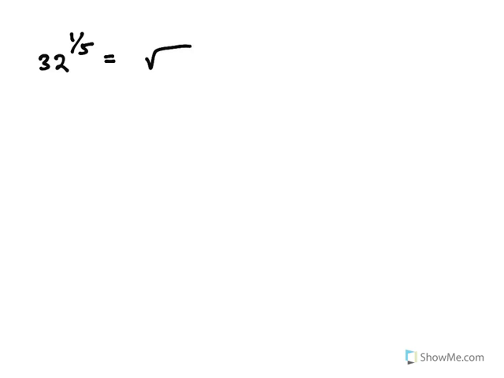Remember, this is the base. The base is 32. The base goes inside the radical, the radicand. And the denominator 5 is the index, so that should be going over here. And then this whole thing is going to be raised to the first power.